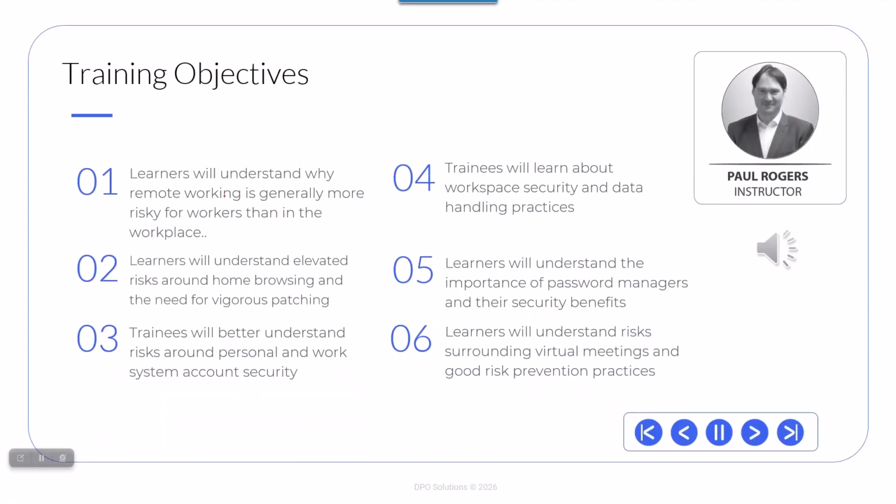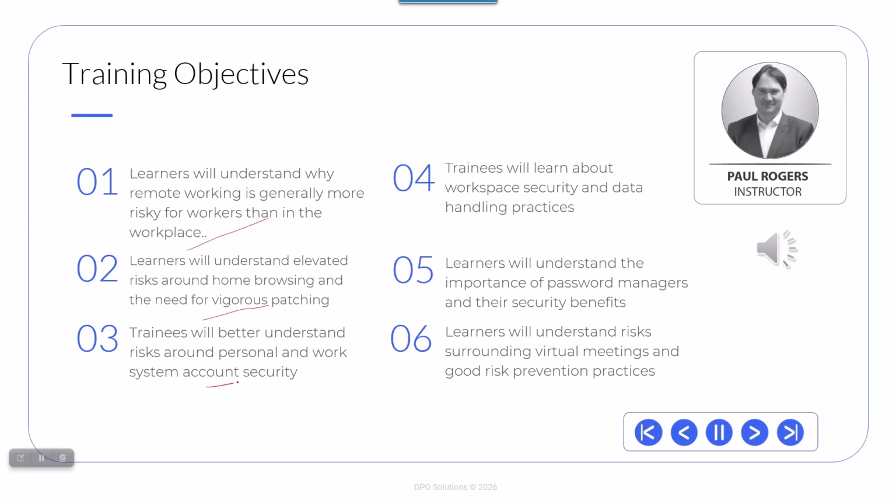So here we'll take a look at the 6 training objectives of this course. Number 1 in the list, learners will understand why remote working is generally more risky for workers than in the workplace. Number 2, learners will understand elevated risks around home browsing and the need for vigorous patching of their machines.